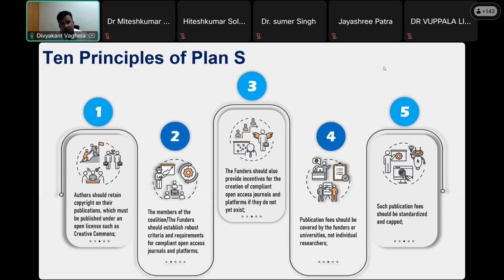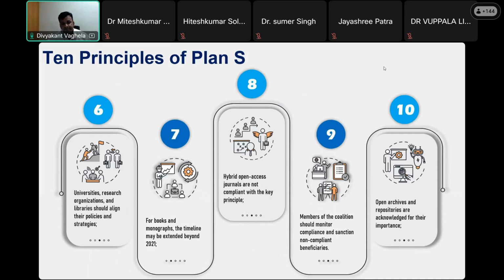Funders should also provide incentives for the creation of this kind of journals or platforms if they are not available to the public. And there should not be a fee, or the fee should be covered by the funders or the university, not by the individual researchers. And such publication fees should be standardized and capped.